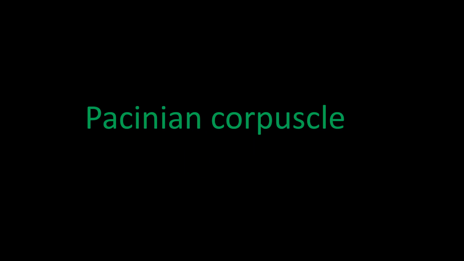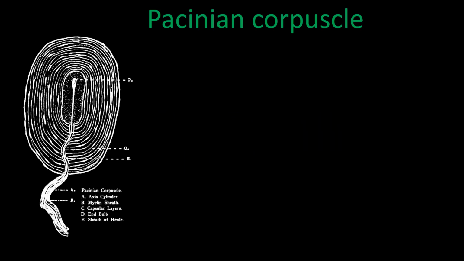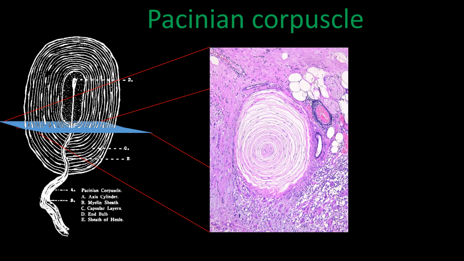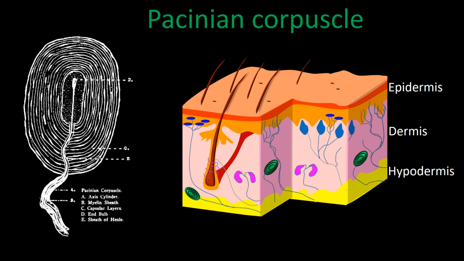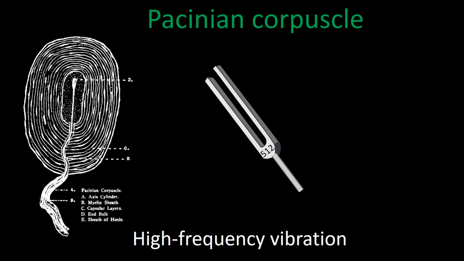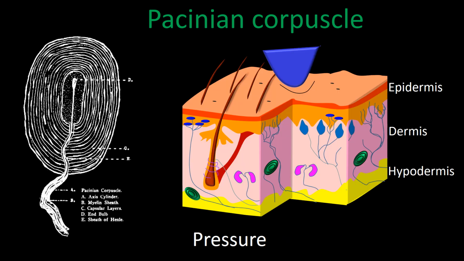Pacinian corpuscles. They look like an onion with a stem inside. If cut as shown here, they look like concentric enlarging circles. They are found deep in the dermis. They respond to high frequency vibrations and pressure.